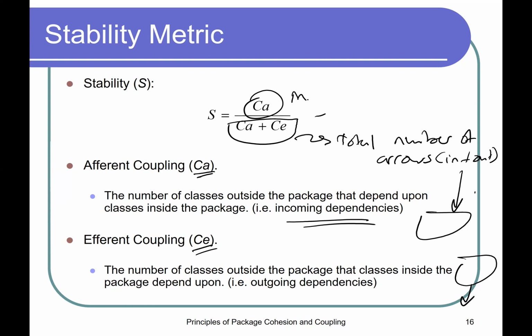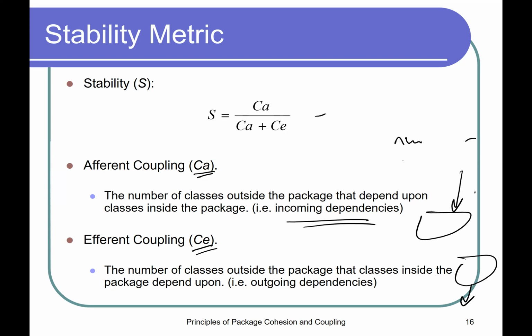We have a situation where the number coming in is high, the number going out is low. This number that I'm going to compute, guys at home, will be equal to what?